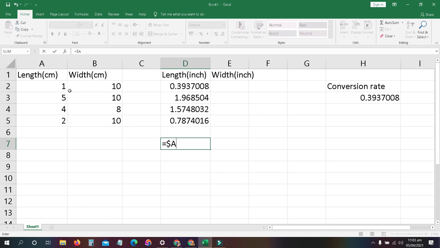That's A. That means it is fixed to column A, but its row loops. For example, if we look here, the row adds +1. That's a mixed reference.